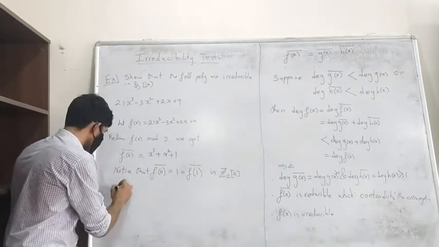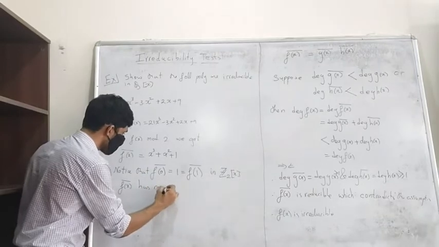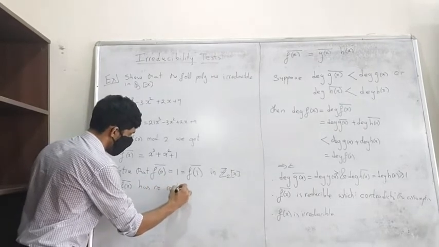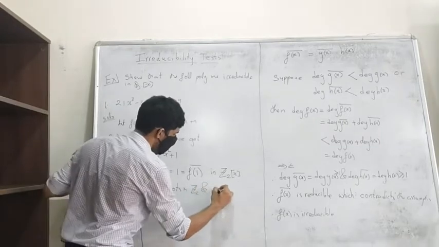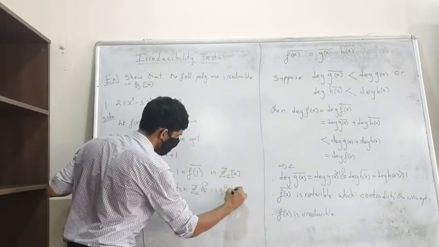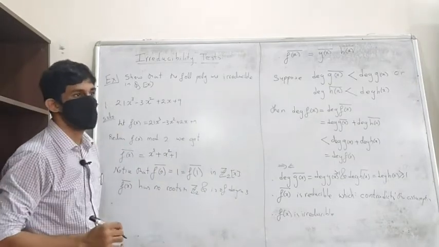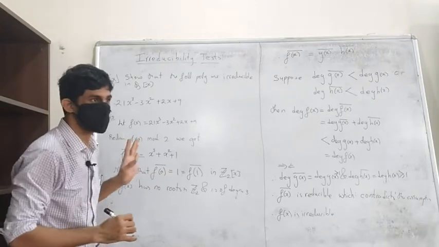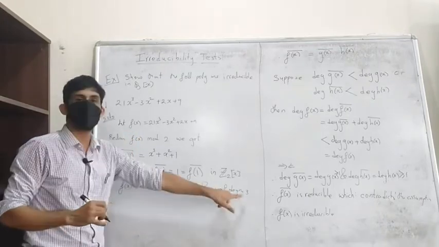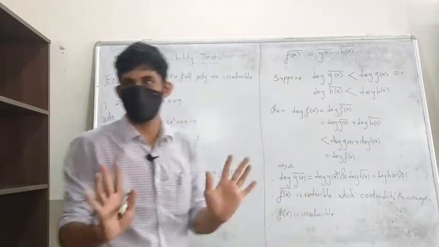Okay, so therefore f of x bar has no roots in Z2 and is of degree 3, which means that f of x bar is going to be irreducible in Z2. It has no roots in Z2 and it's of degree 3, right? For a polynomial of degree 3 or 2, I just need to check whether they have roots.